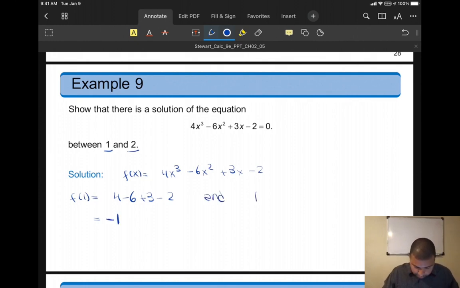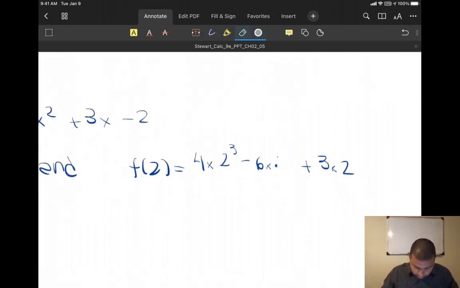On the other hand, f of 2 will be 4 times 2 cubed minus 6 times 2 squared plus 3 times 2. Let me zoom in so the writing is a little easier to do. So that will be 4 times 8 minus 6 times 4, 24, plus 6.